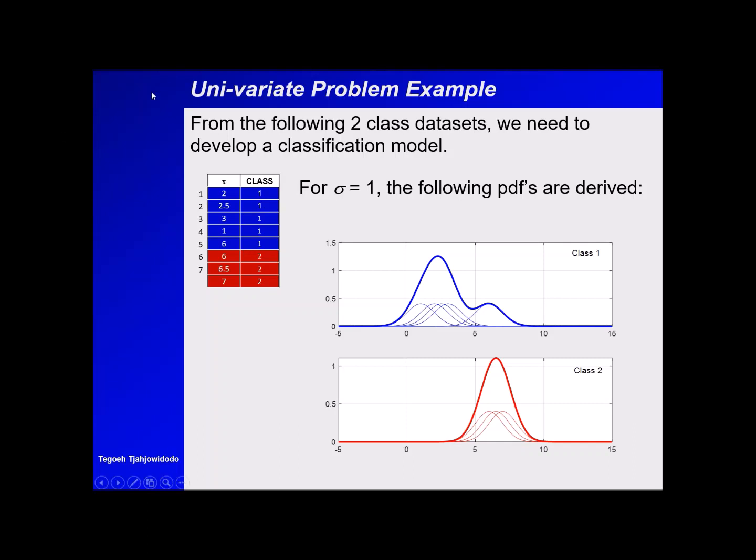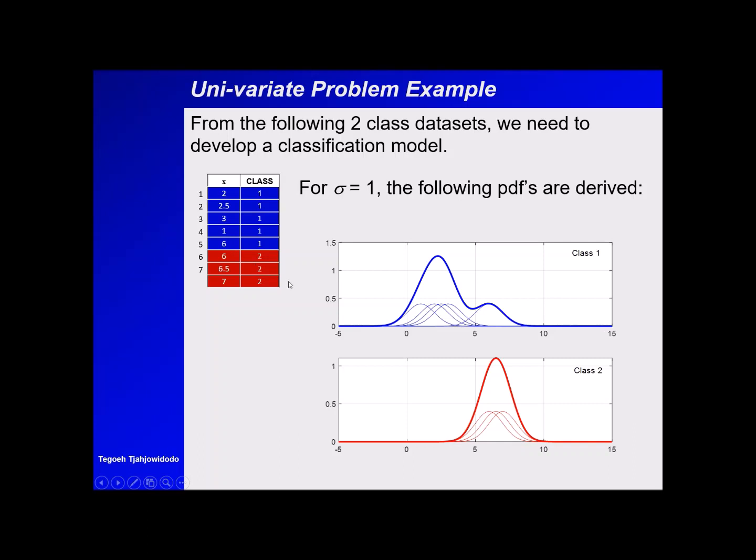Looking at how this data is distributed, 2, 2.5, 3, 1, and I have one more data point equal to 6, which is relatively far from the first 4 data points.